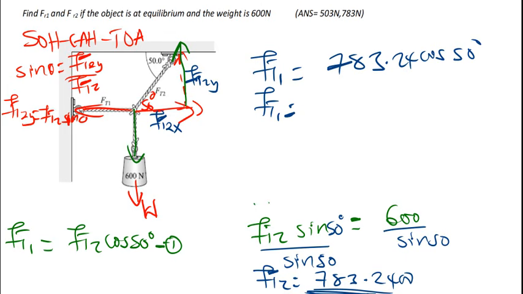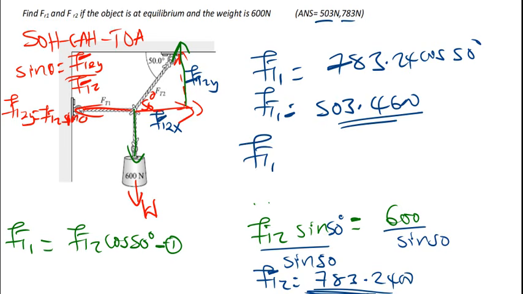I'm getting 503.46 newtons. Here the answer is also 503, the whole number is just 503 newtons, then here it is 783. So that is it for the first question.